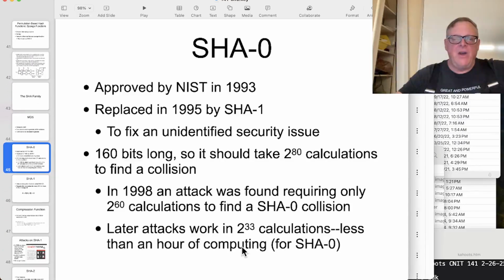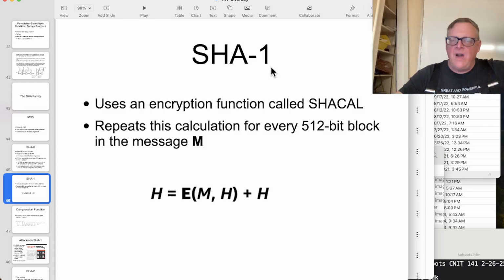This was for SHA-0. So SHA-1 uses an encryption function called SHACAL and repeats this calculation. It encrypts the message and the hash, and then adds the hash, and then that calculates the next layer of hash there. For every block, it takes the encryption of the message and hash and combines it with the hash, I think this means XOR, and then makes it here.